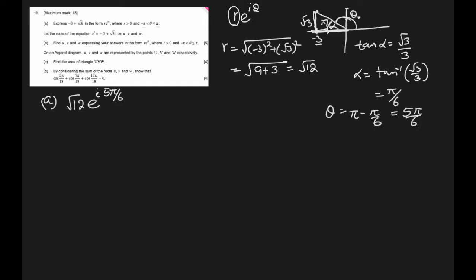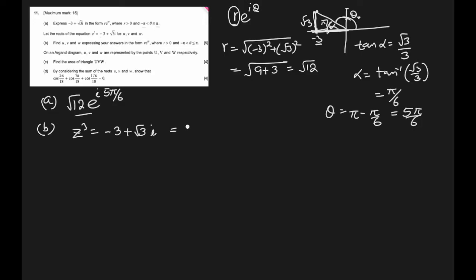Let the roots of z cubed be u, v and w. So z cubed is the one we got earlier. In place of minus 3 plus square root 3i, we can write this because that's what it is equal to. So z cubed is equal to negative 3 plus square root 3i, that is given.